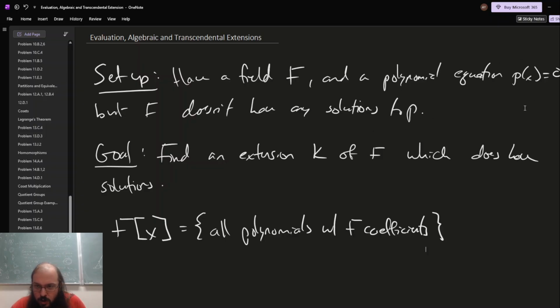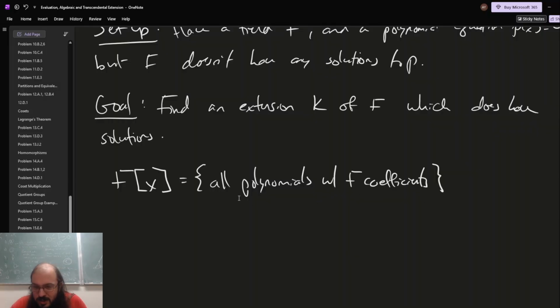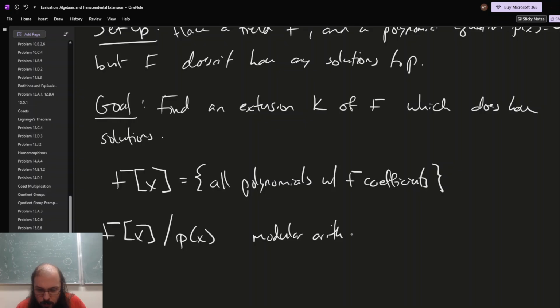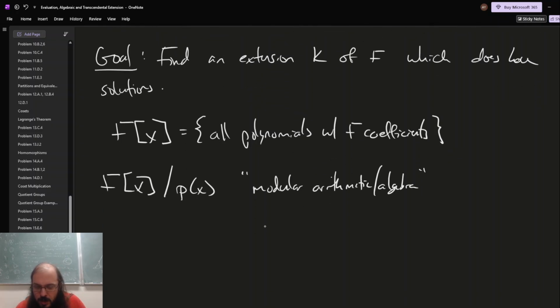I'm trying to solve p of x equals 0, so I should set p of x equal to 0. In other words, we look at F[x] mod p of x. Or in other words, we do modular arithmetic, or maybe modular algebra, by forcing p of x to be 0.